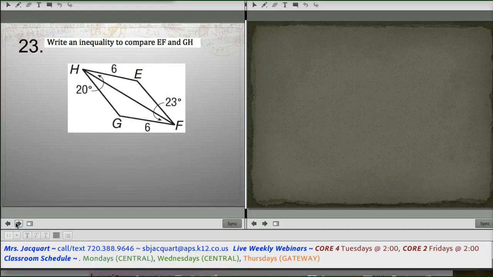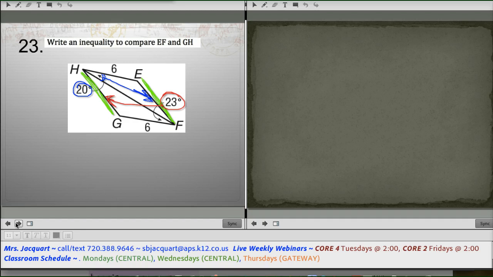Okay, write an inequality to compare EF to GH. Now let's look at it. If I have 23, it's going to point to that side. And 20, which is here, it's going to point to that side.